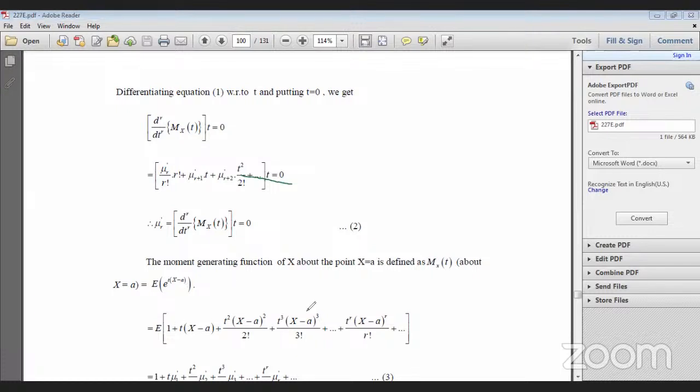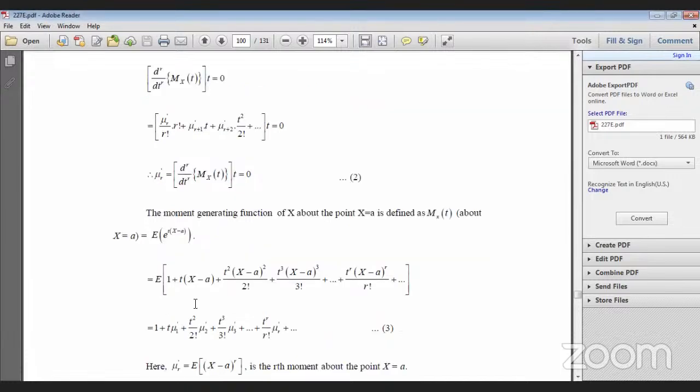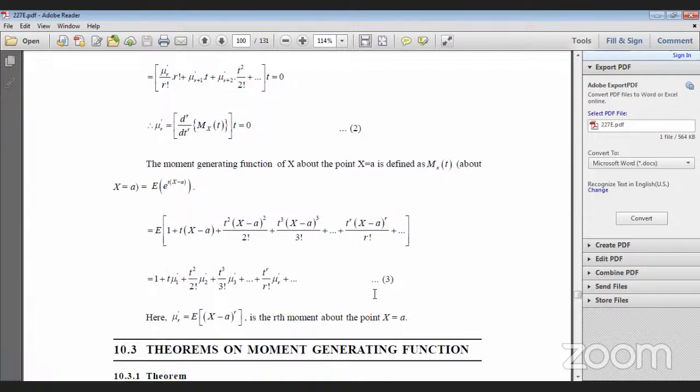So the moment generating function of X about the point x = a: M_X(t) is equal to E(e^(t(x-a))). We expand it as 1 + t(x-a) + t^2 (x-a)^2 by 2 factorial + t^3 (x-a)^3 by 3 factorial, up to t^r (x-a)^r by r factorial.